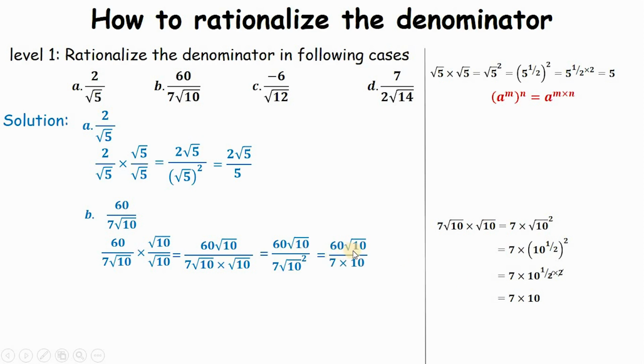So you'll write 60 into root 10 by 7 into 10, which is equal to, now here again you'll cancel the numerator 60 and denominator 10. 10 6 is 60 and 10 1 is 10. So final answer you'll get is 6 root 10 by 7. Now in the final answer you'll see that denominator is a rational number. Therefore we have rationalized the 60 by 7 root 10 as 6 root 10 by 7.